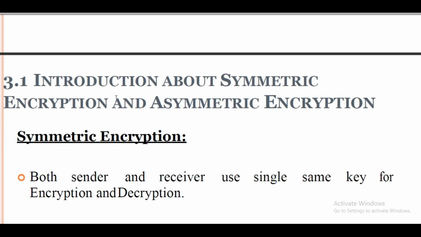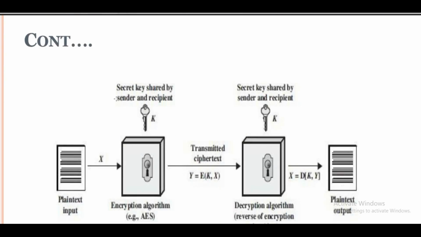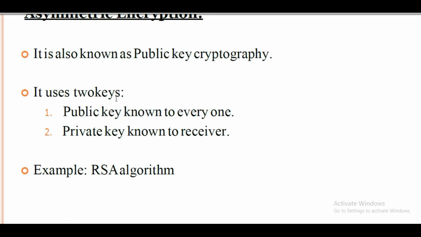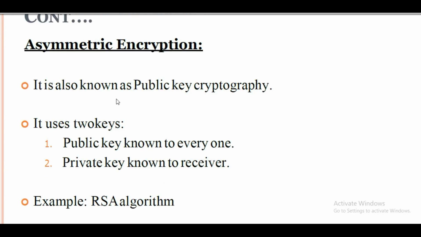Symmetric encryption, right? Now we go to the other part, that is asymmetric encryption. The basic difference is that over here we apply not only a single key, we apply a public key and a private key, right?